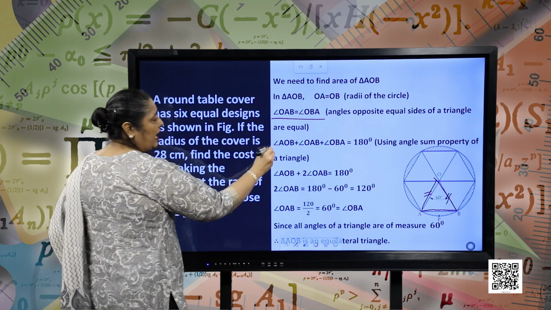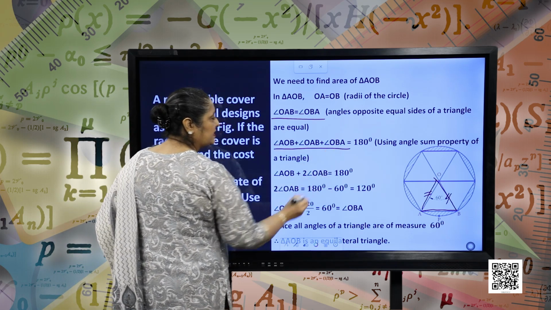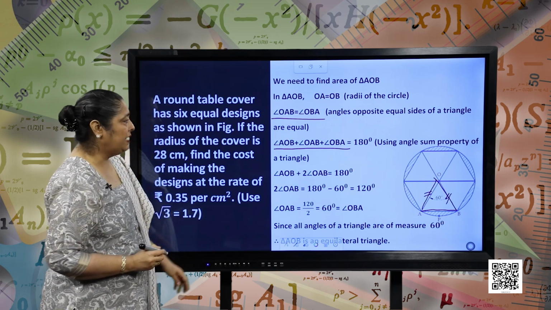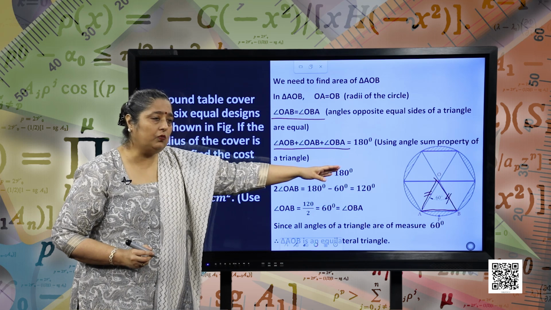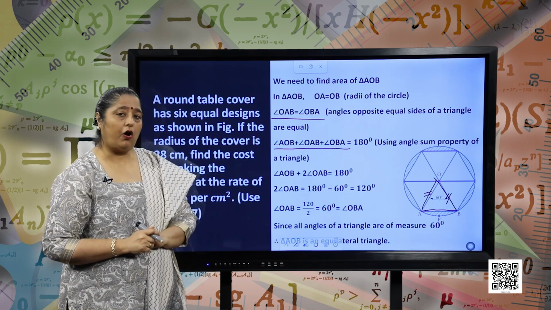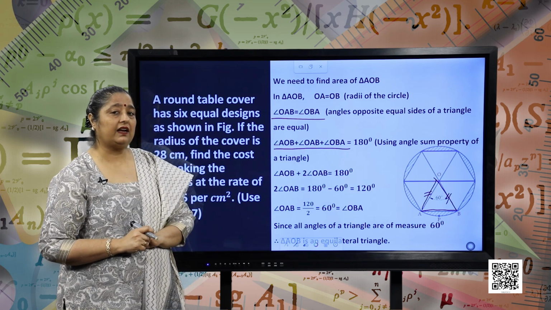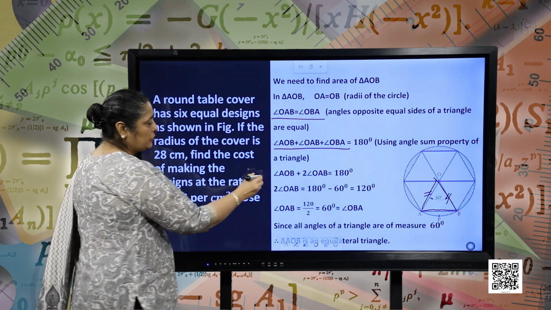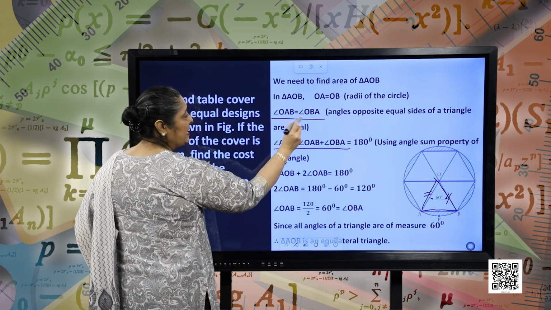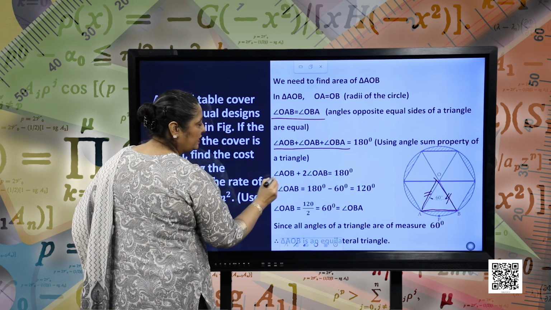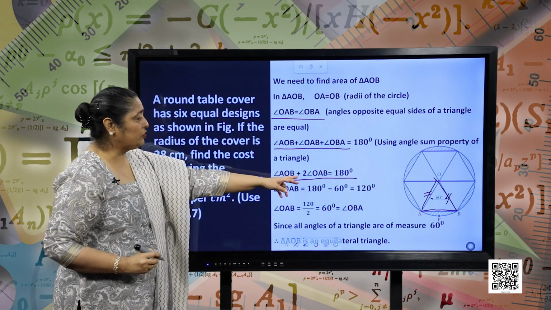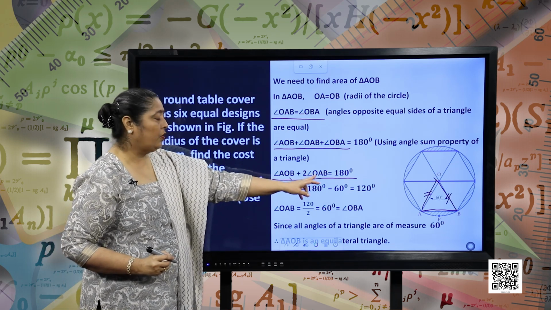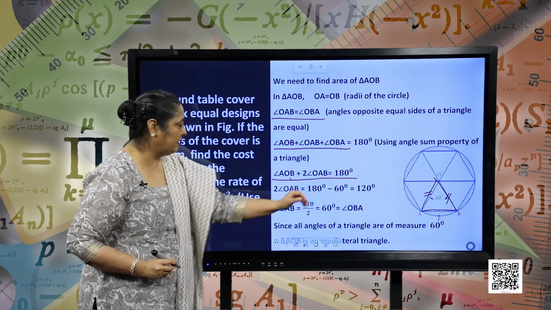So, angle AOB plus angle OAB plus angle OBA is 180 degree. Again why? Because the sum of all 3 angles of a triangle is 180 degree. We also know that OAB is equal to OBA. Substituting this, we have angle AOB plus twice of OAB is equal to 180 degree.